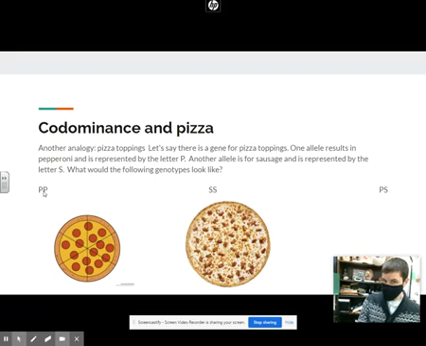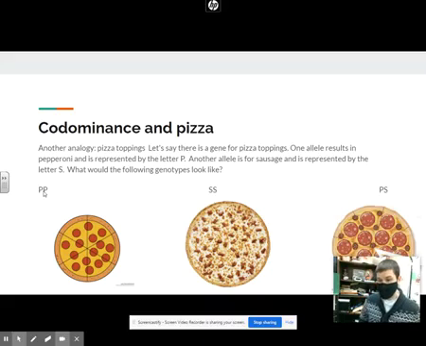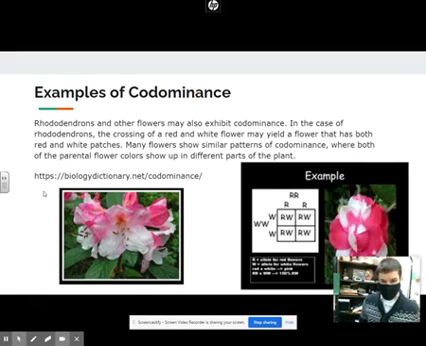But with codominance, what if we have one copy of the pepperoni and one copy of the sausage? Well, like we said, both traits get expressed. We're going to observe both phenotypes, which means we've got a sausage and pepperoni pizza. Yay, excellent. And now that's making me hungry. So we see both of the traits observed rather than one covering the other up.